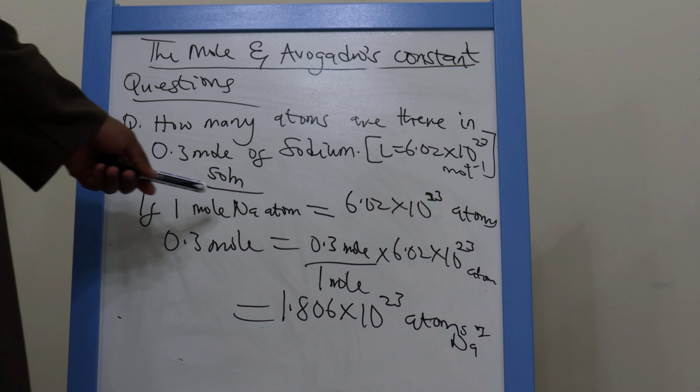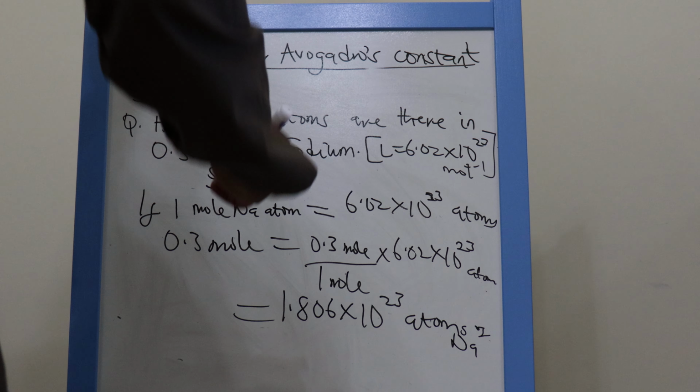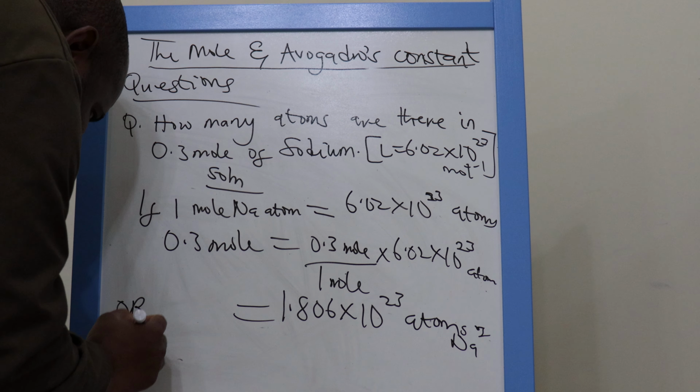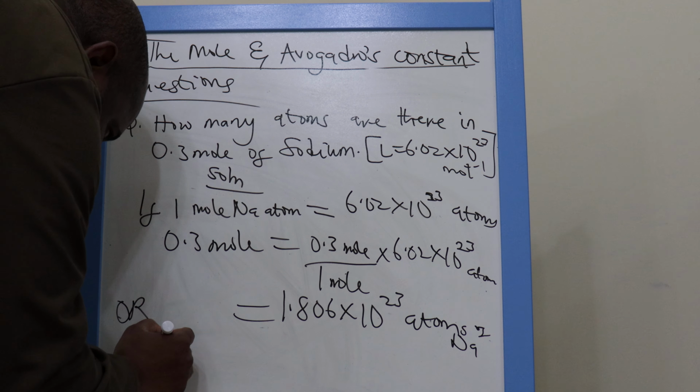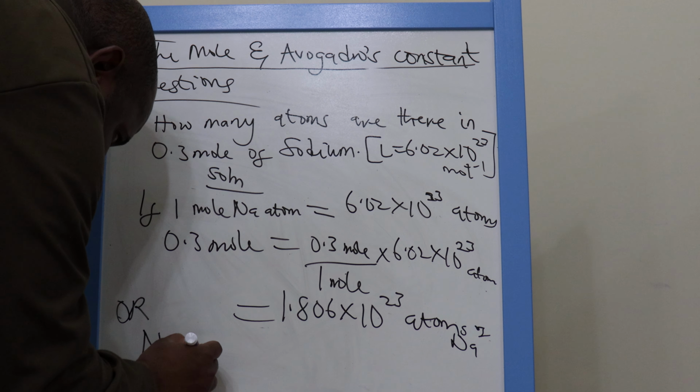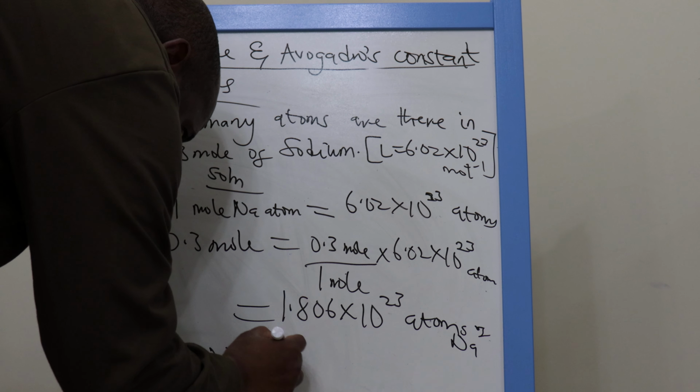Alternatively, you can solve it this way: the number of sodium atoms is equal to the amount of substance times the Avogadro's constant. The amount given in the question is 0.3, so 0.3 moles times 6.02 times 10 to the exponent 23 per mole.